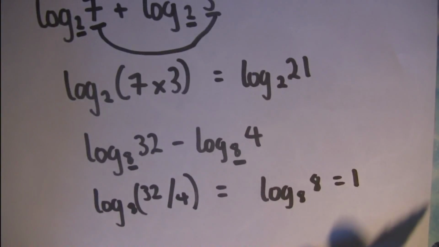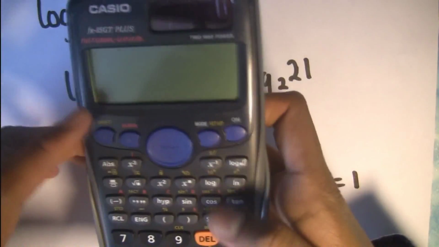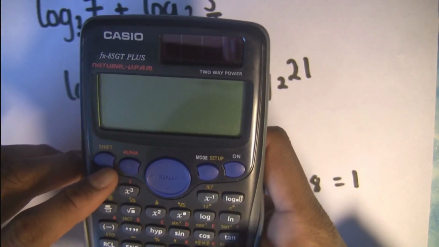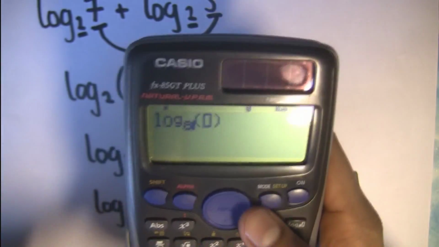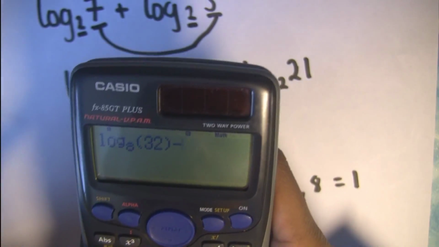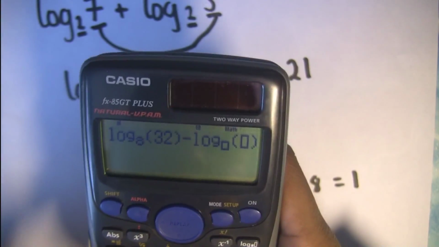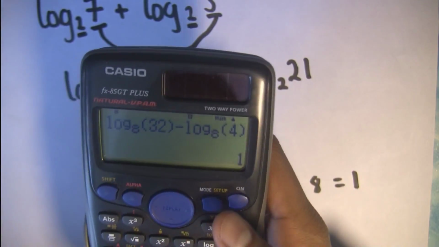So just to check that on a calculator if you like, my calculator's run off. There we go. Log base 8 of 32 minus log base 8 of 4, and you can see that equals 1.